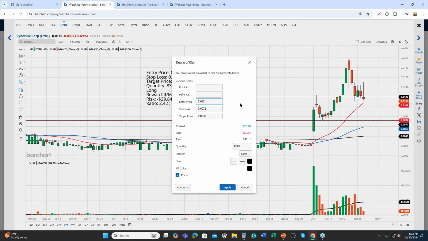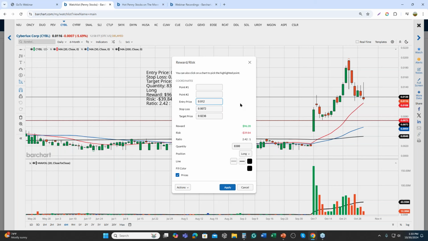Now, our target price, we can do this a couple of ways. We could just do it based on a risk to reward ratio. In other words, I'm going to risk 0.0048, and I want to get at least 2 times that, or 3 times that, or 4 times that. So I could double that or triple that and then add that value to my entry. The other way is we could use some technical analysis.